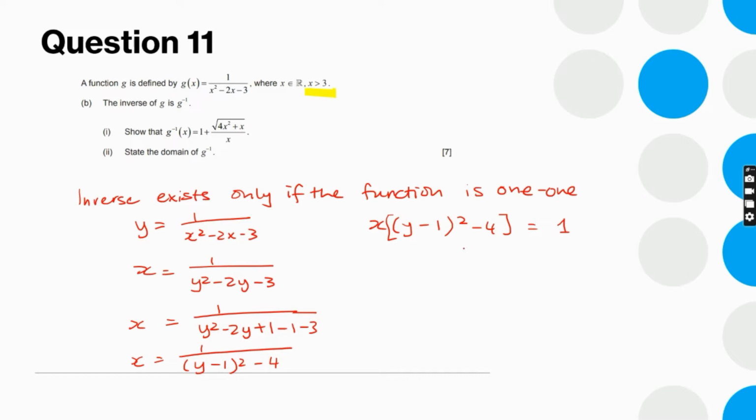That's the same effect as bringing the x over to the other side. Now I bring the 4 over. I try to combine into a single fraction. Okay, then I square root it.